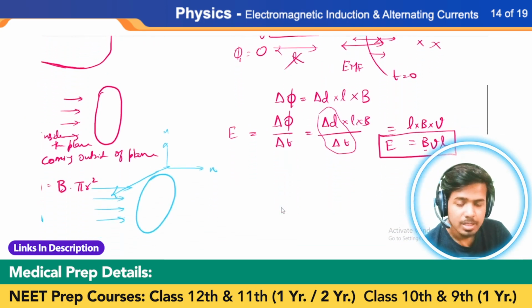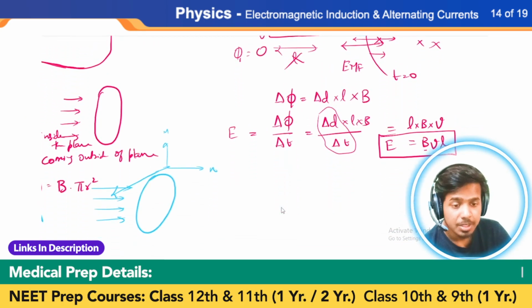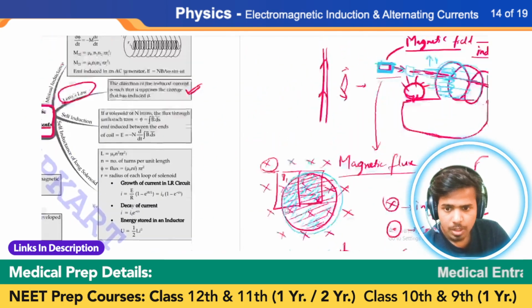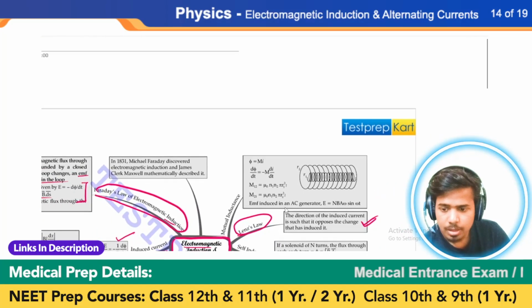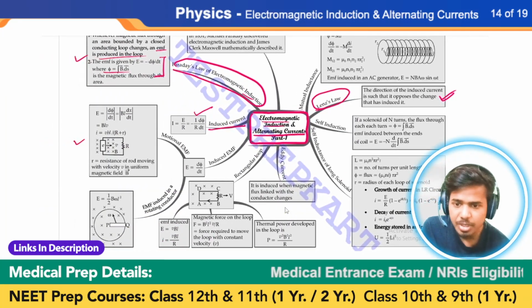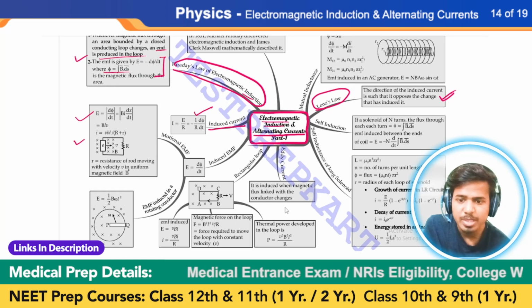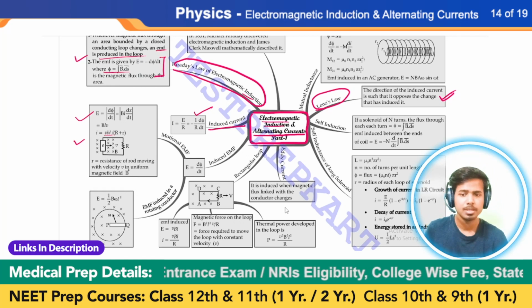Now this is the magnetic flux, this EMF induced. If that is induced, then let's see whether we have got the same thing. Yes. And the current is going to be simply VBL by R, right? Why?